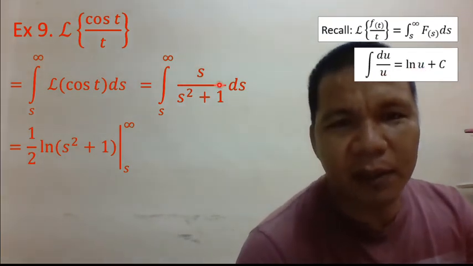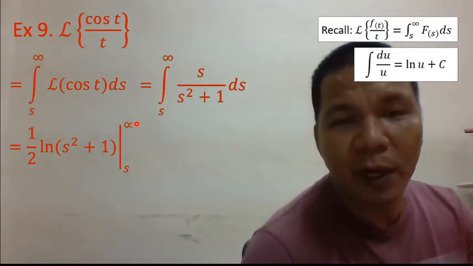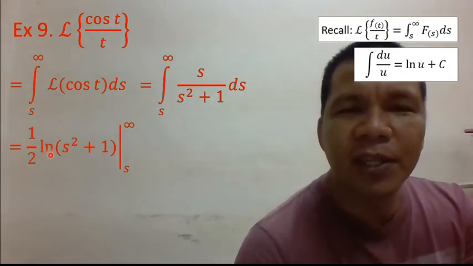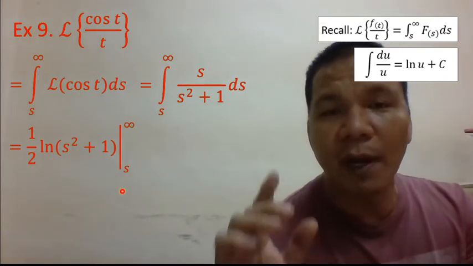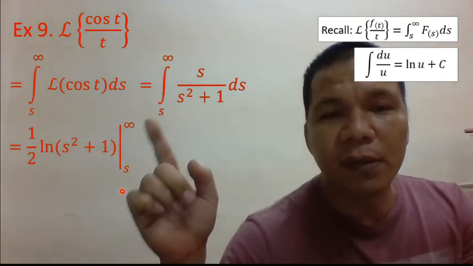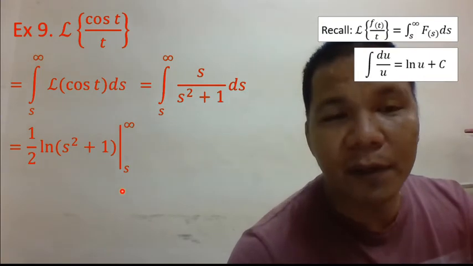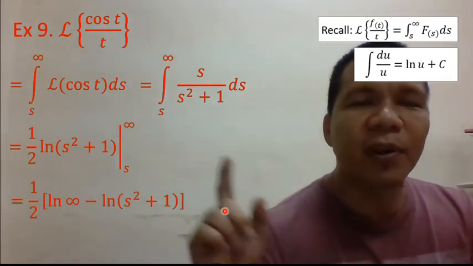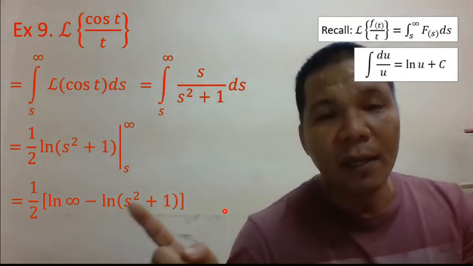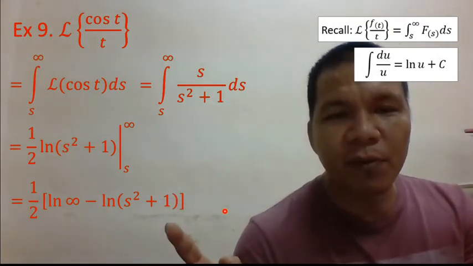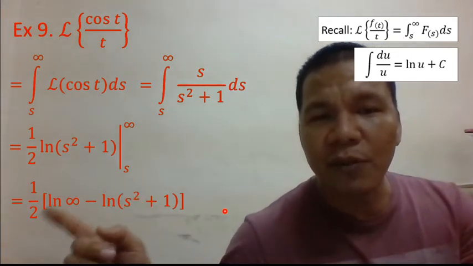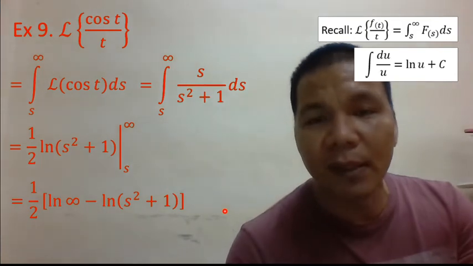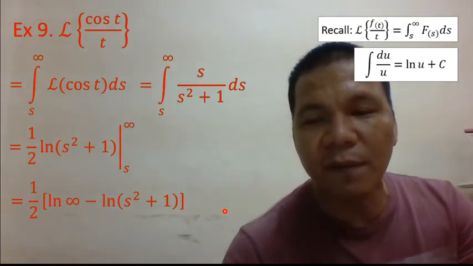That's the integral, but this is a definite integral. So instead of writing c, we will just write the limits. So this is 1/2 of ln u with limits from s towards infinity. After substituting the limits, it will give you 1/2 of ln infinity minus ln of s squared plus 1. And take note, the natural logarithm of an infinite number is equal to infinity.